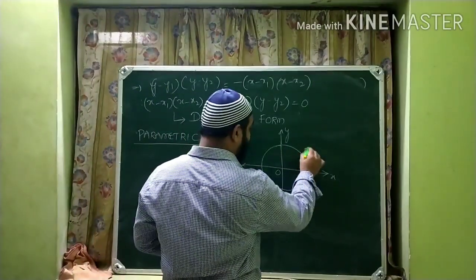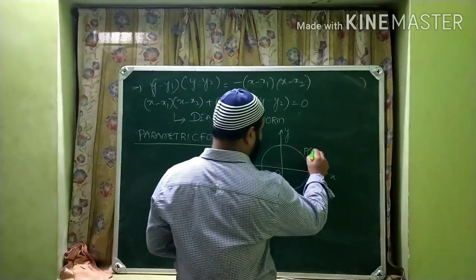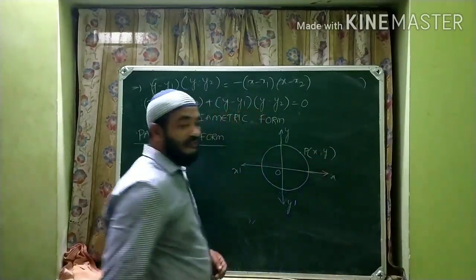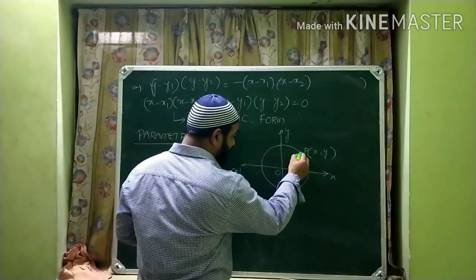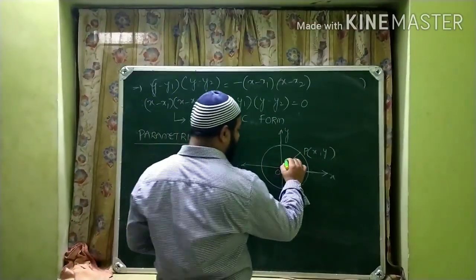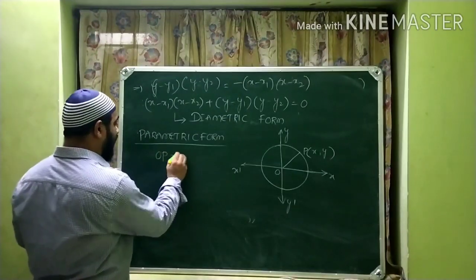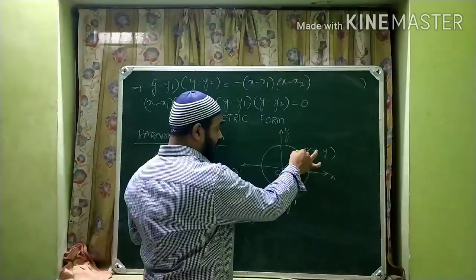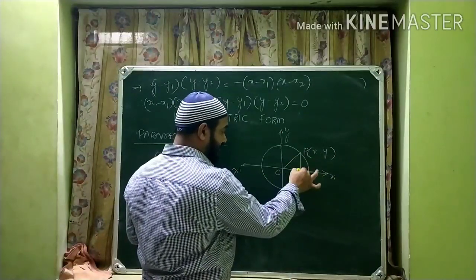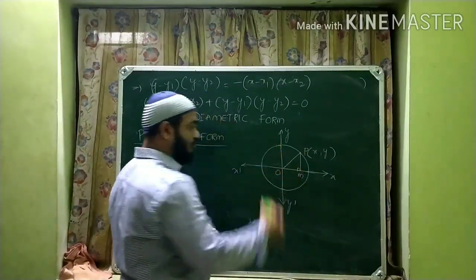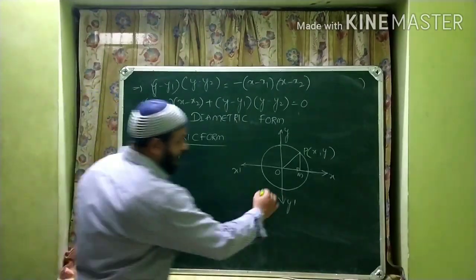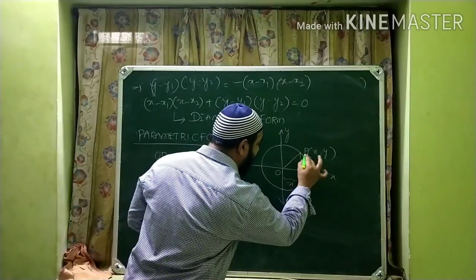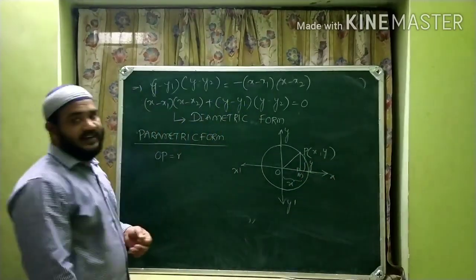Let this be any point P. This is (x1, y1), or simply (x, y). So if you join this and let us suppose OP equals to r. What is this OP? The radius of the circle. So I drop a perpendicular from P on the x-axis. So let this be M. This is x coordinate and this is y coordinate.